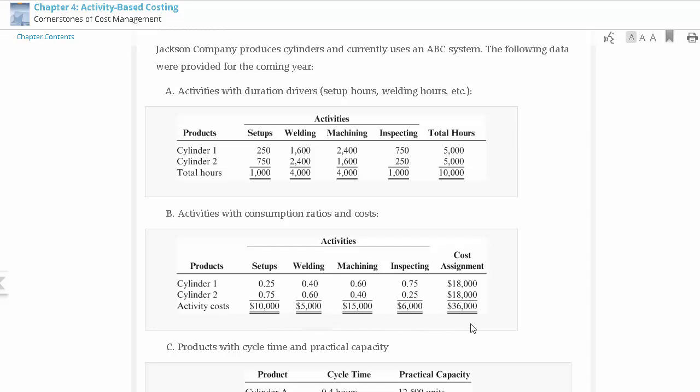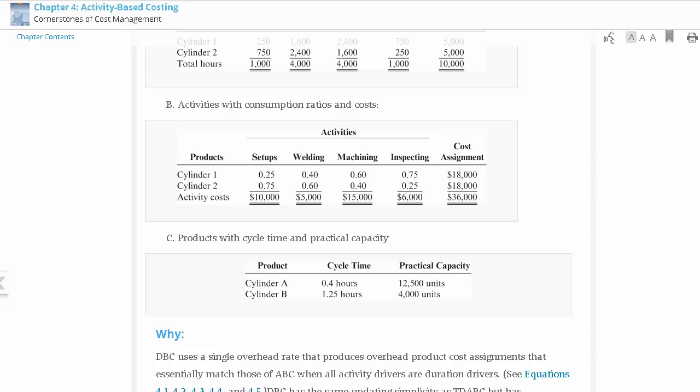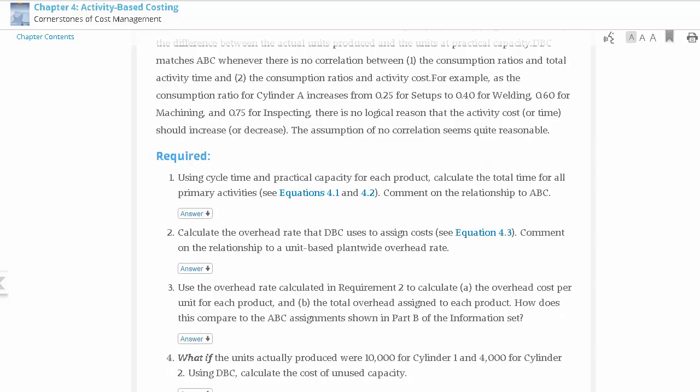We sum across, we get the total cost assigned. And then when we look at C, we see the products with their cycle time and practical capacity are given. So cylinder A takes 0.4 hours, cylinder B 1.25 hours, and the various practical capacity is given as well.